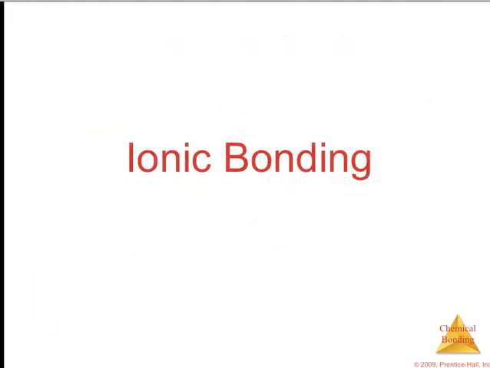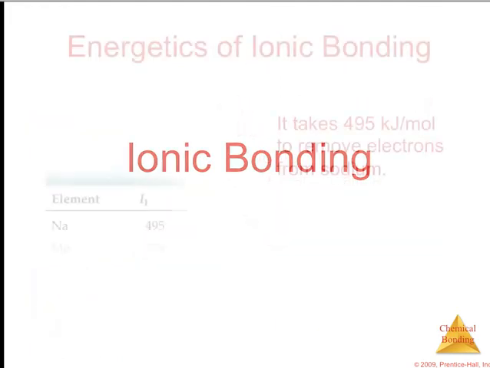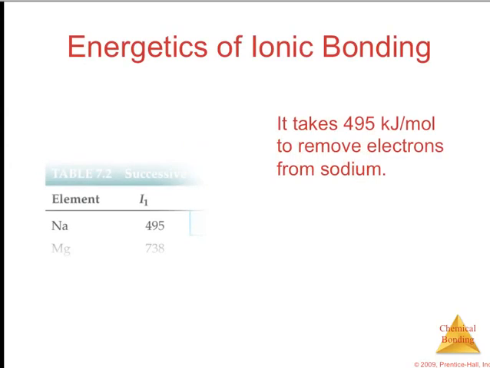So we're going to start off talking about ionic bonding and the energetics of ionic bonding. What are the energy changes? Let's talk about sodium chloride, because that's always the favorite ionic compound to talk about, because everybody's familiar with it. The energy required to remove the electron from sodium is 495 kilojoules per mole.